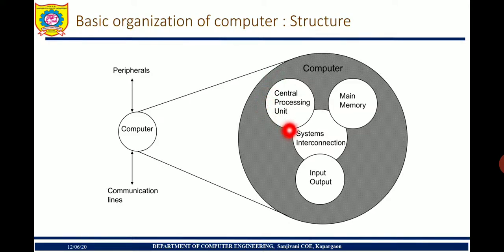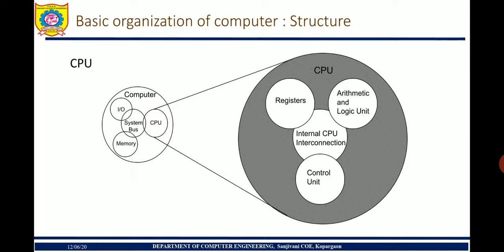Now if we zoom into this central processing unit, let's see what we have. When we zoom this CPU, it again becomes a huge circle, which has some registers, it has an arithmetic and logic unit, and it has a control unit. In previous slides I said that CPU has two parts, that is control unit and arithmetic and logic unit.